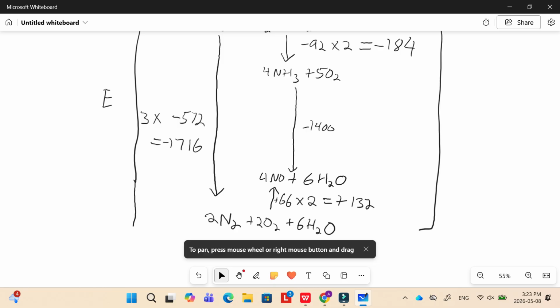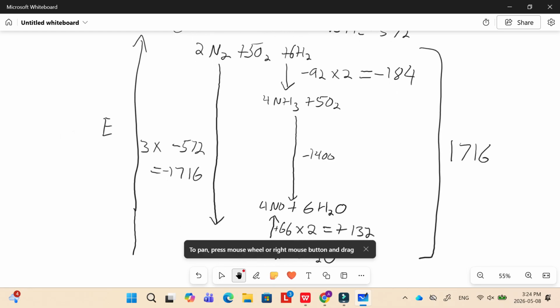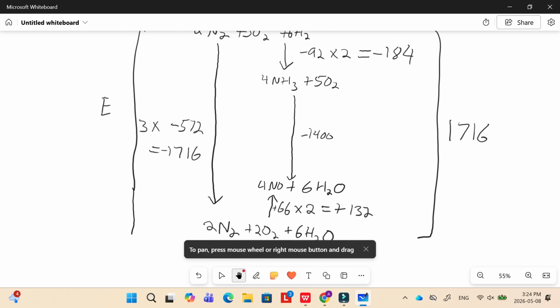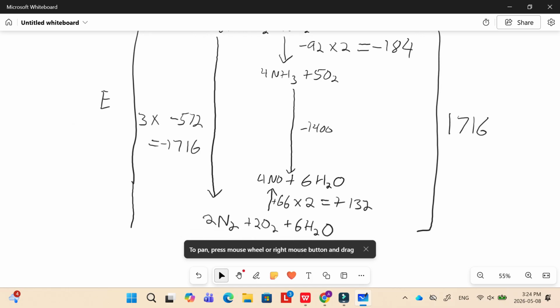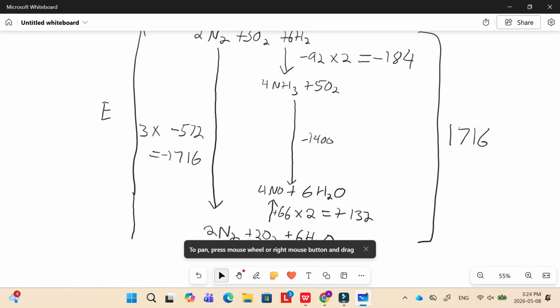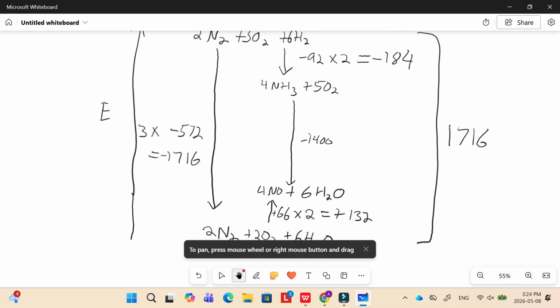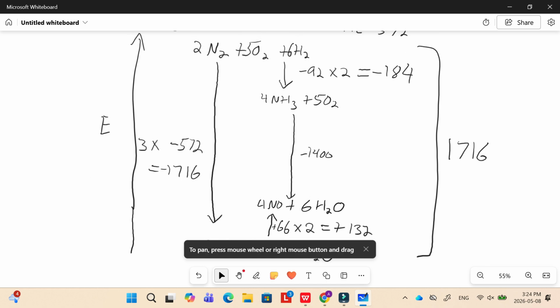It ends up being 1,716 height units of energy, which is the exact same height as the left side, which is just 1 direct pathway, exothermic, minus 1,716 down to the bottom. But I had to include these multipliers of triple the left side, double some of these values in order to make the actual numbers of atoms work out to be like conservation of matter, right? We can't have things disappear or appear anywhere.